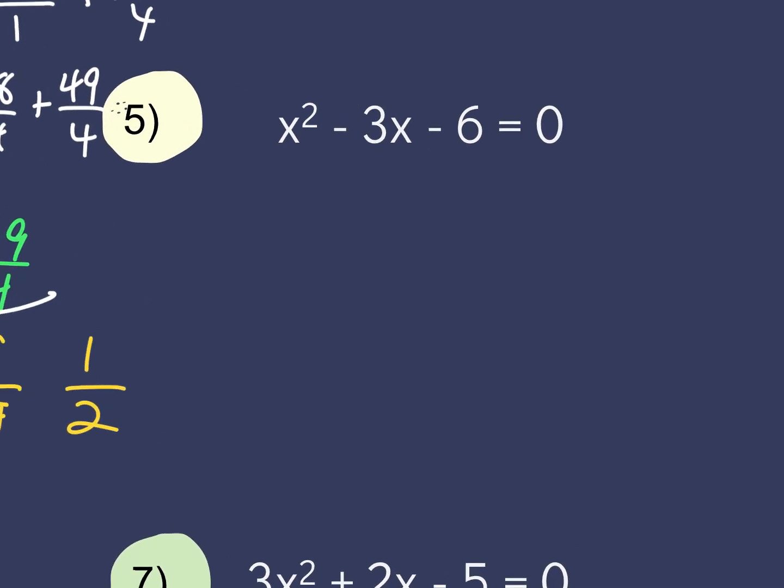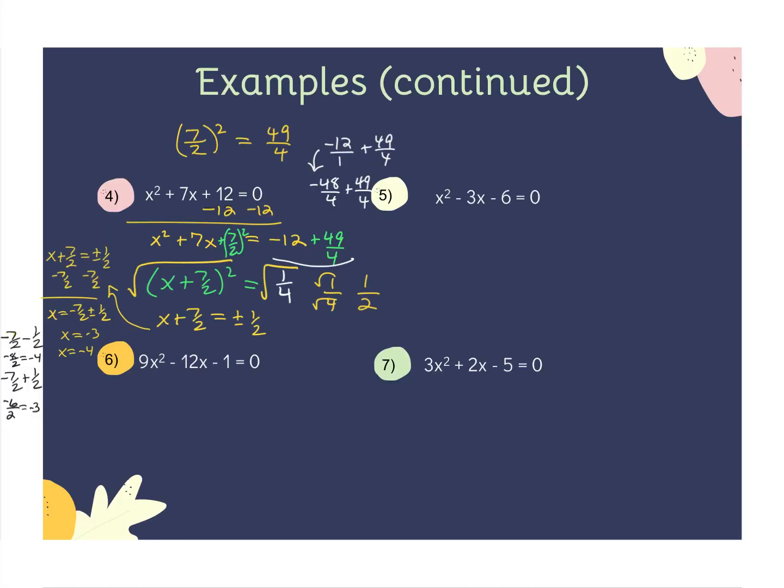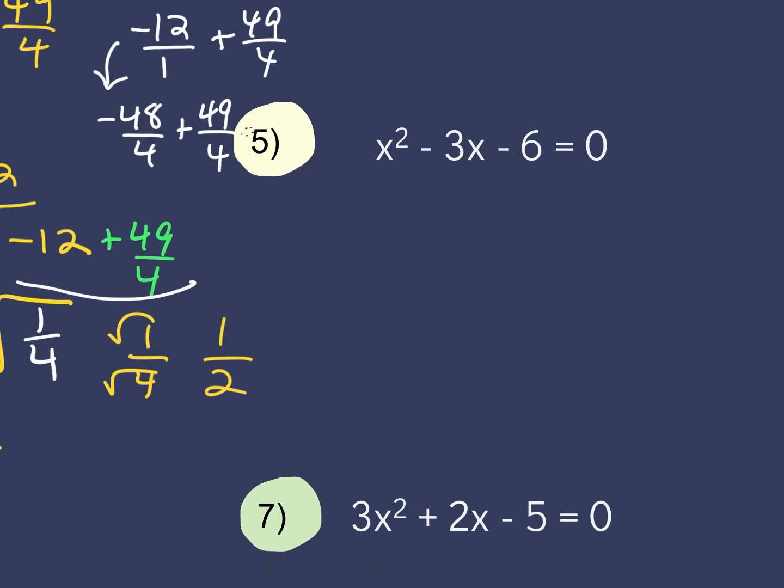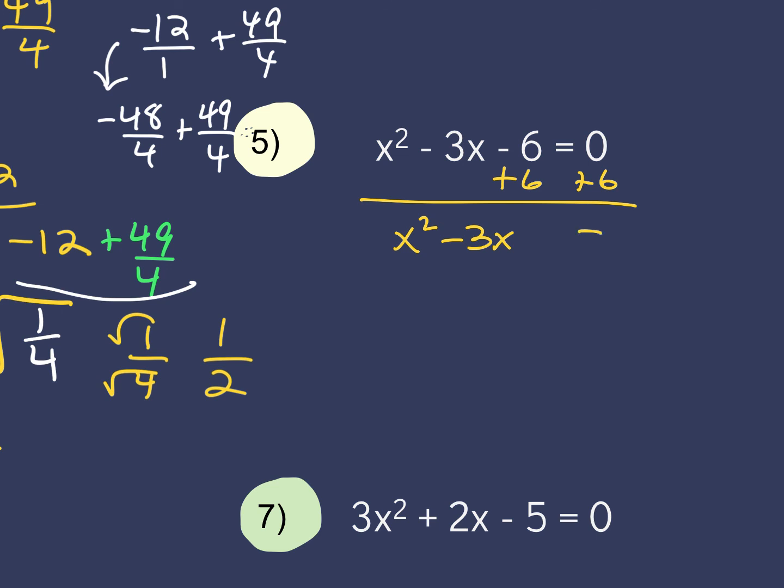Again, make sure that there's not a number in front of x squared. There's not. So I'm going to move my constant. I'm going to add 6. So add 6 to both sides. X squared minus 3x, leave a blank space, equals 6.